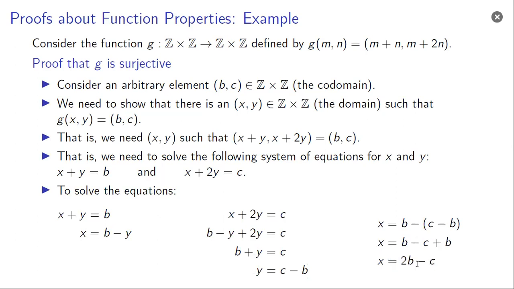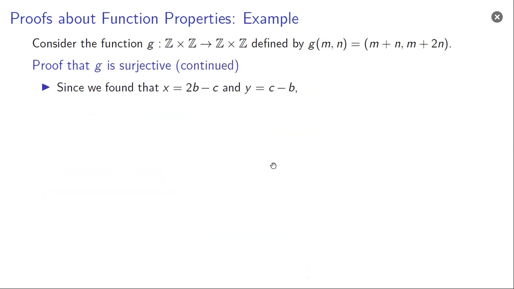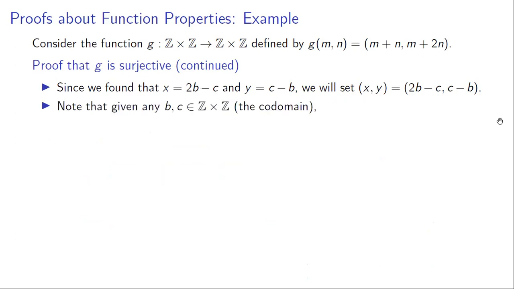We're not yet done with the proof, so let's continue. Since we found that x is equal to 2b minus c and y is equal to c minus b, we will set x comma y to be (2b minus c, c minus b). Just the values that we solved for x and y. Now note that given any ordered pair (b, c) in the codomain, I'm sorry, there should be parentheses around this b comma c.